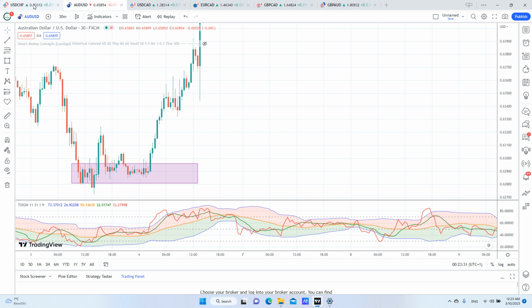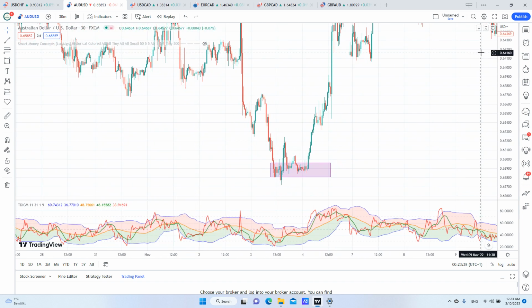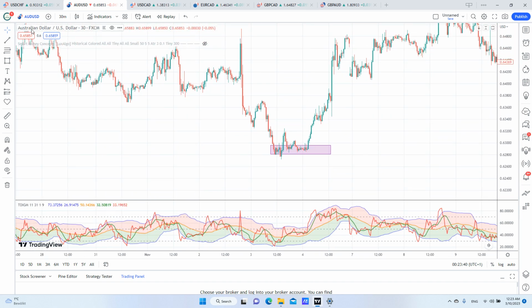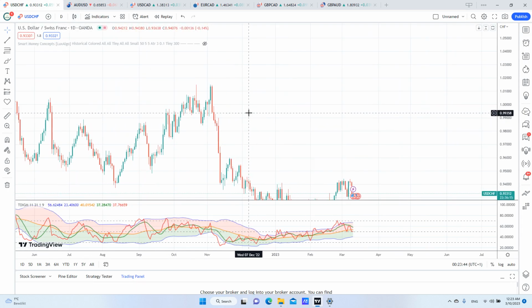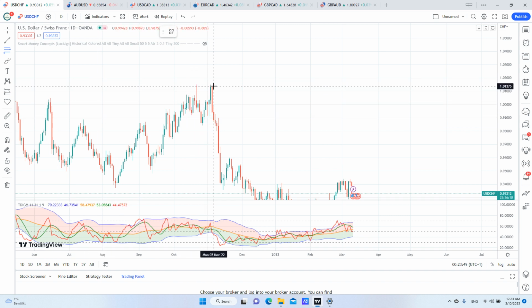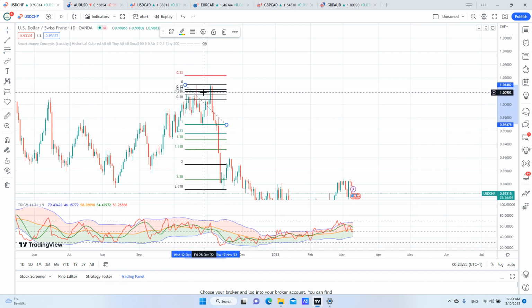And also to explain the idea behind the entries: I prefer to enter the day before NFP, because as you can see here, this one here was also on the 3rd of November, and it moved way up on Thursday.